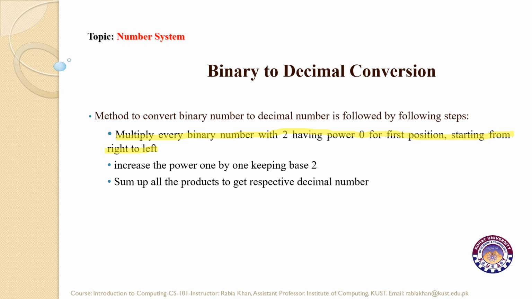In the next step, we will increase this power by 1, keeping the base the same as 2. So the power will be increased and the digits will be multiplied. At the end, all the products will be summed up in order to get the respective decimal number. So let's see with a few examples how we can apply these 3 steps in order to perform binary to decimal conversion.